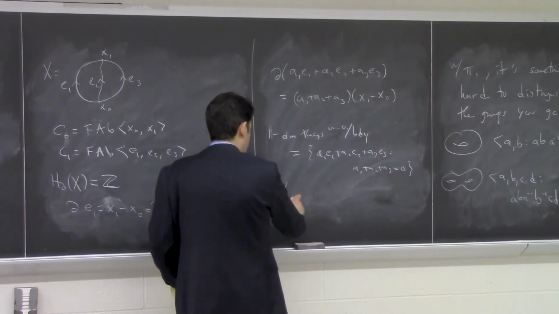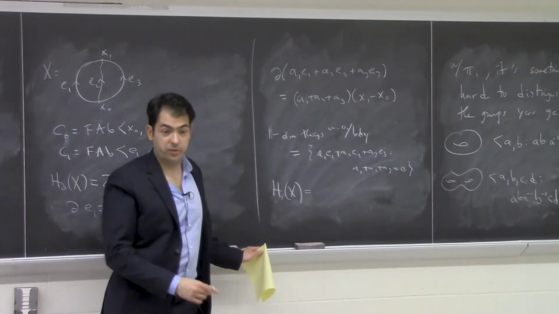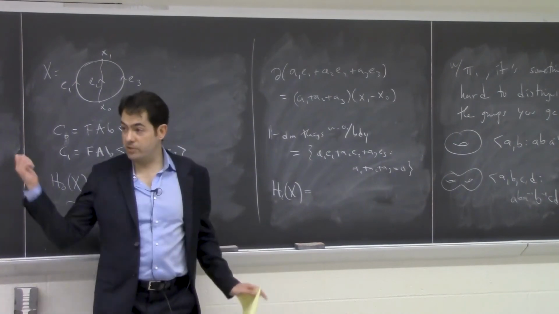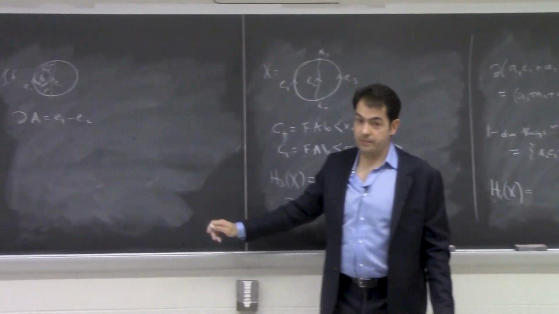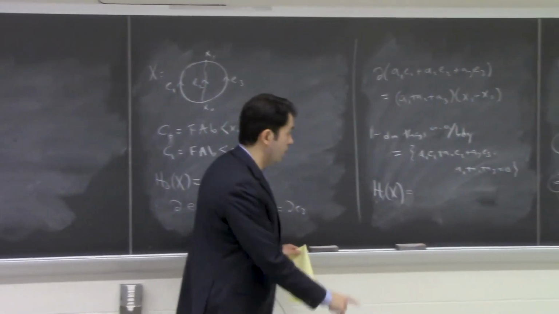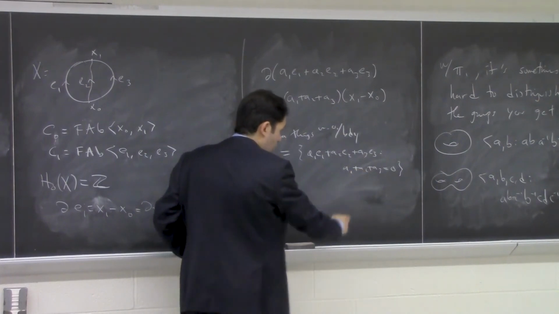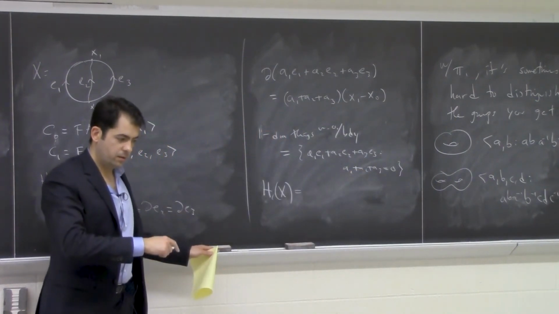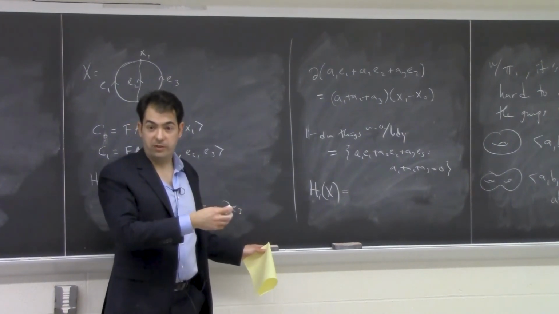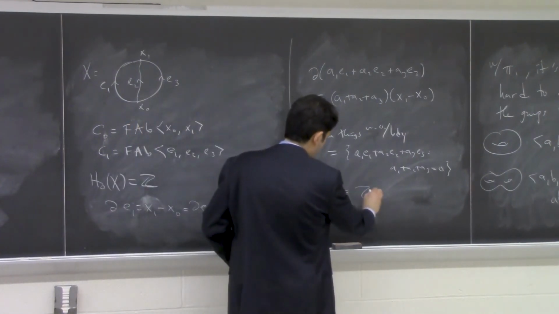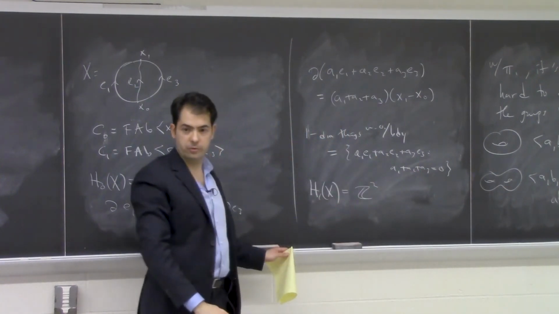So H1 of x is equal to just this, because I don't have any two-dimensional pieces to mod out by. And of course, if you have A1, A2, A3 with this relation, so you have Z to the third, but with one linear relation, that's just Z squared. Because, for example, I can determine A3 from A1 and A2.